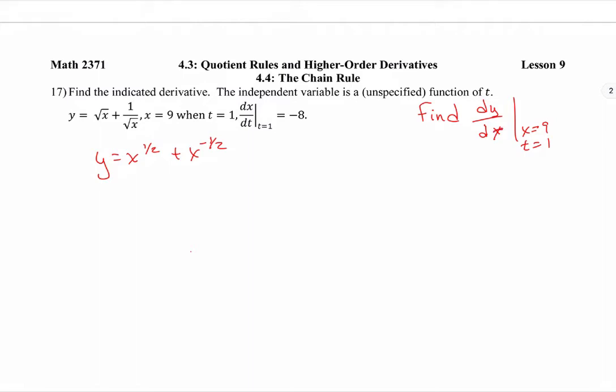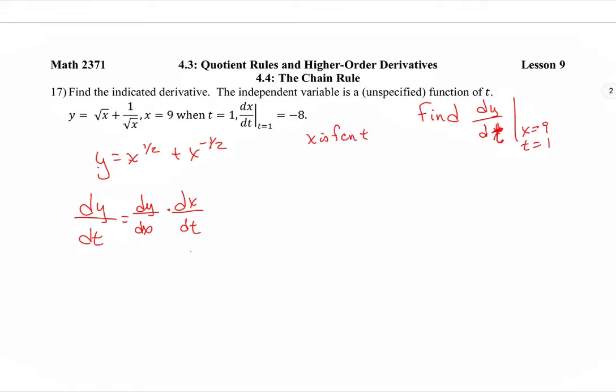Sorry, not dy/dx, dy/dt. So dy/dt equals dy/dx times dx/dt, because remember, y is a function of x, but x is a function of t.